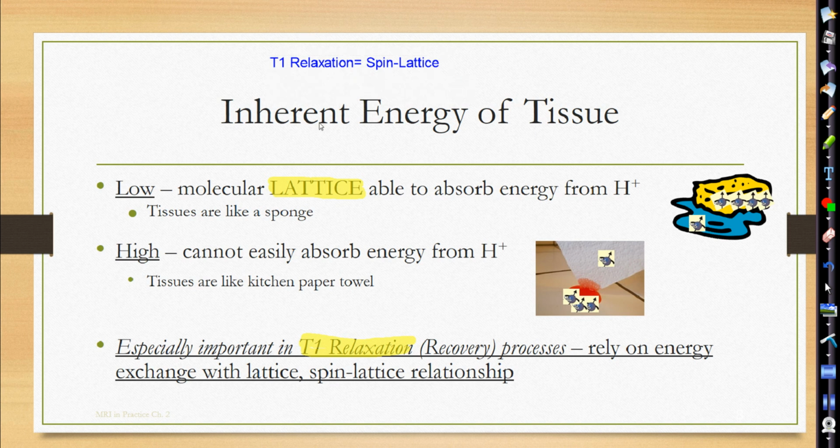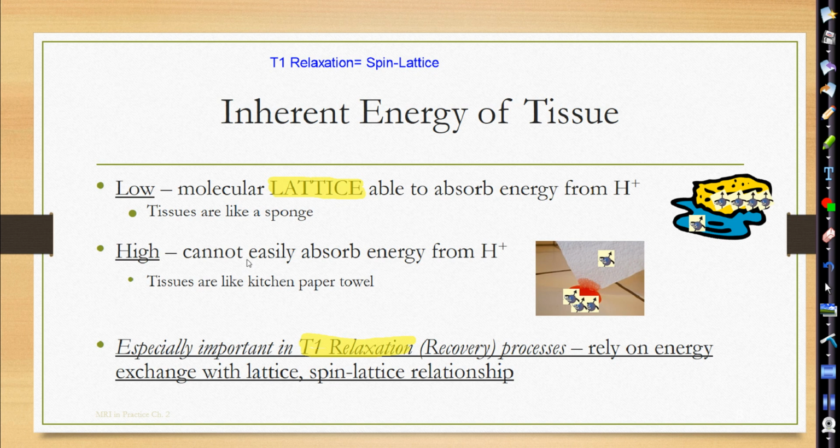You have low inherent energy of the tissue when the molecular lattice is able to absorb energy from the hydrogen proton. Think of it like a sponge. That lattice or the environment is the sponge, and these hydrogen protons are basically giving all their energy to the environment. You have a high inherent energy when the lattice can't absorb energy from the hydrogen proton.